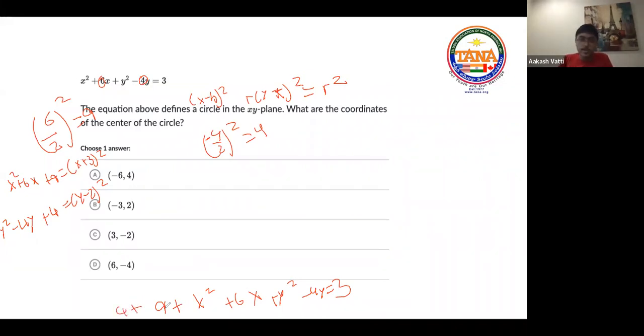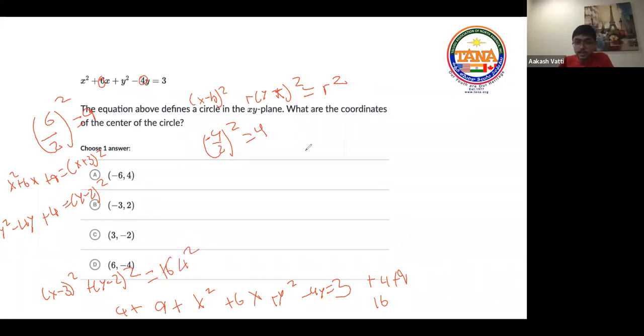And that's equivalent to (x plus 3) squared plus (y minus 2) squared equals 3 plus 4 plus 9, which is 16. So equals 16, which is 4 squared rather.